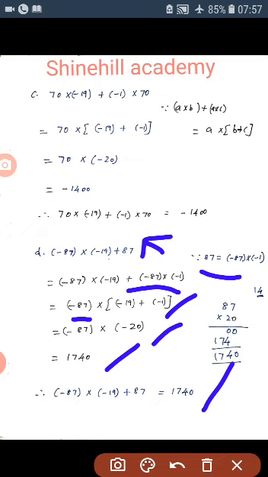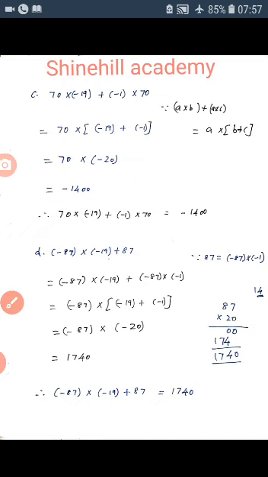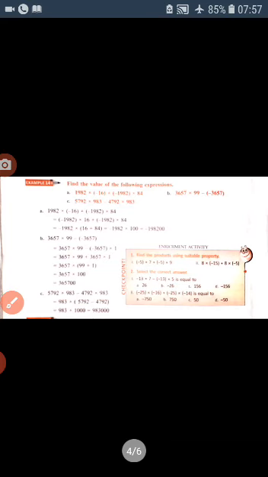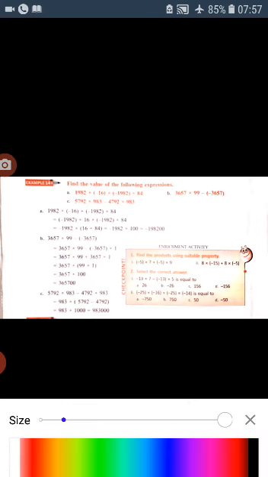So next page. For example, find the following expressions. A: 1982 into minus 16 plus minus 1982 into 84.